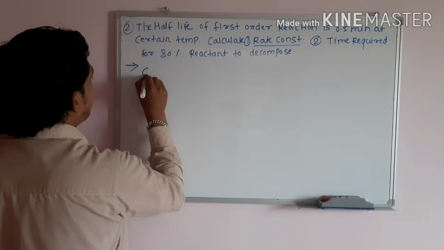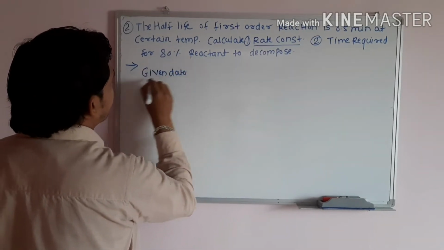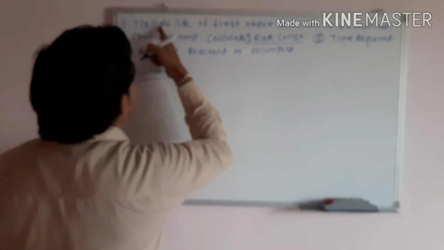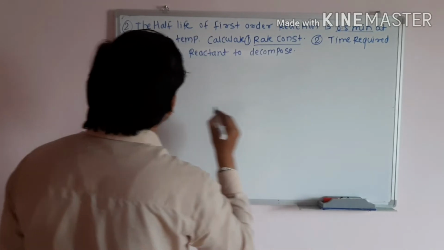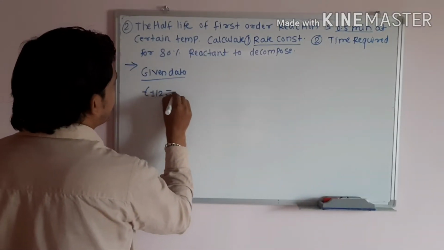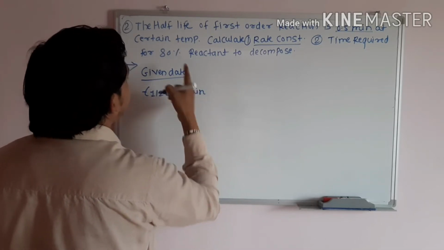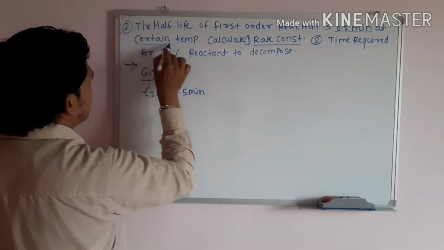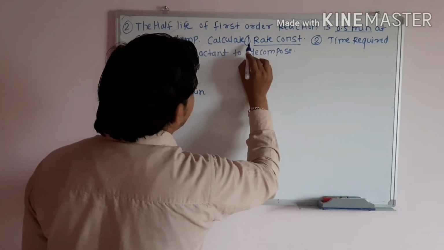So I am writing here the given data. What is the given data? The half-life of the first order chemical reaction is 0.5 minutes. So symbolically, T1/2 is equal to 0.5 minute at a certain temperature. Temperature is not given directly to us.